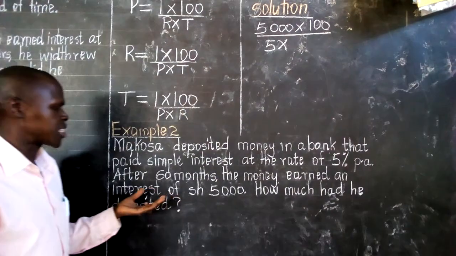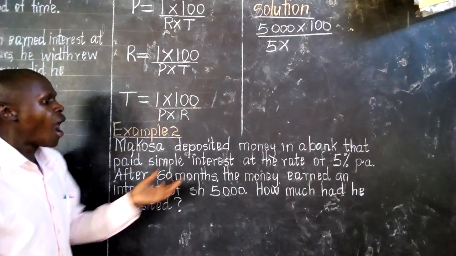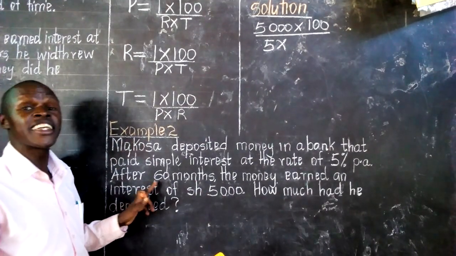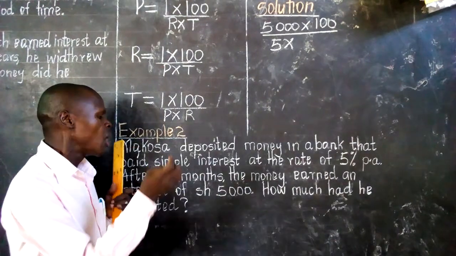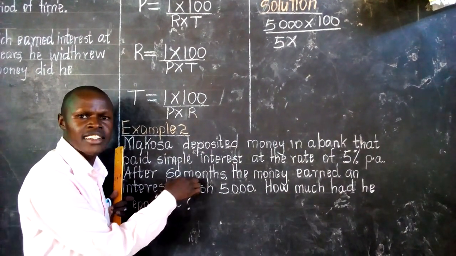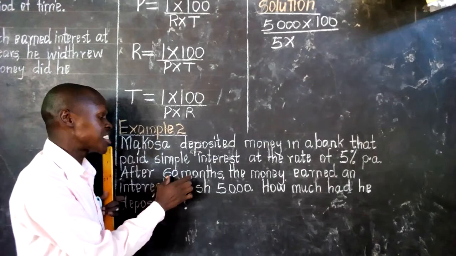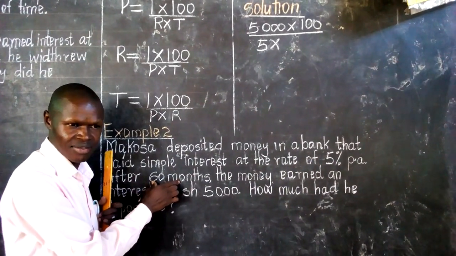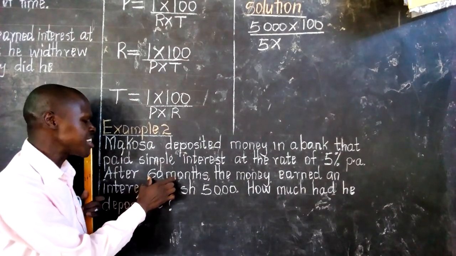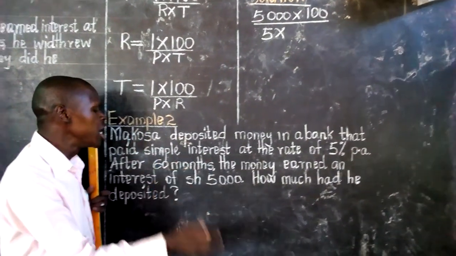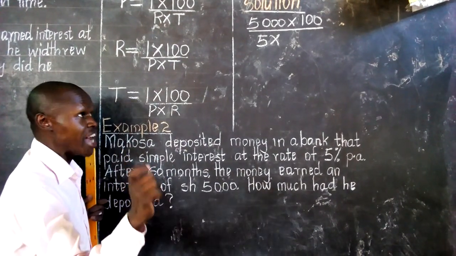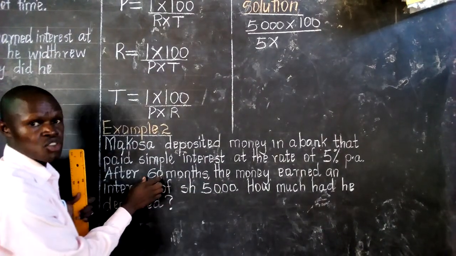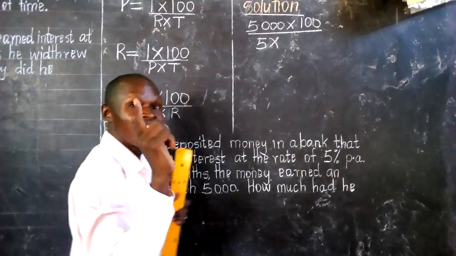Take an example of this case here. Our rate is per annum, but what we are given here is 60 months. That means we have to change the 60 months to years. So when you change the 60 months to years, you will have how many years? 5 years. 60 divided by 12, we shall get 5 years.